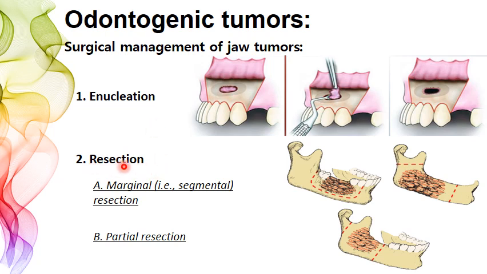What is resection? Resection is a more aggressive type of treatment. Resection is the removal of a tumor by incising through uninvolved tissue. In enucleation, the instrument was in direct contact with the tumor. Here, I will not be in direct contact.